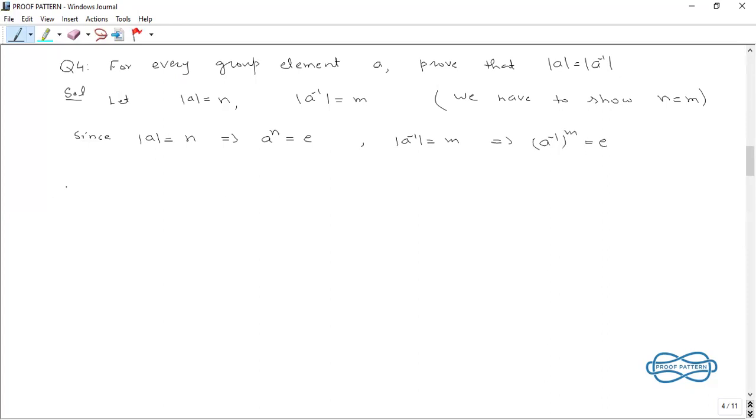Okay. Now consider A inverse to the power n. That can be written as A to the power minus n, and that can be written as (A to the n) to the power minus 1. And we know that A to the n is the identity, so it will be identity inverse, which is the identity.